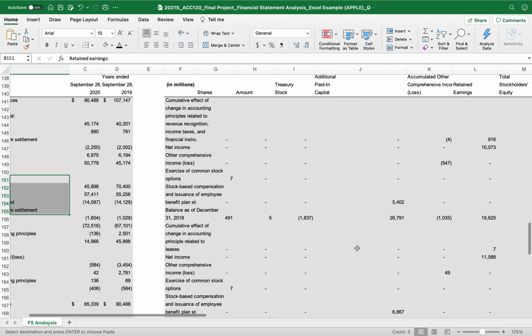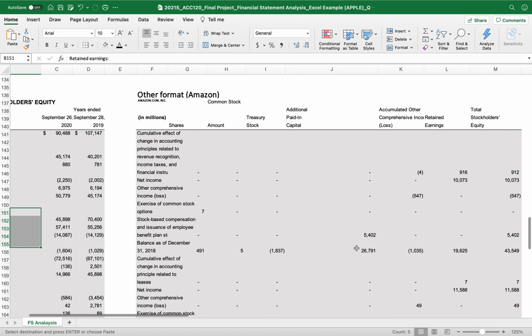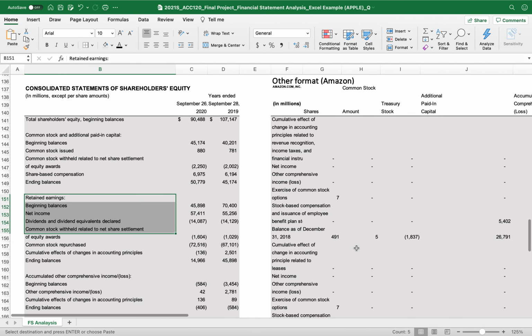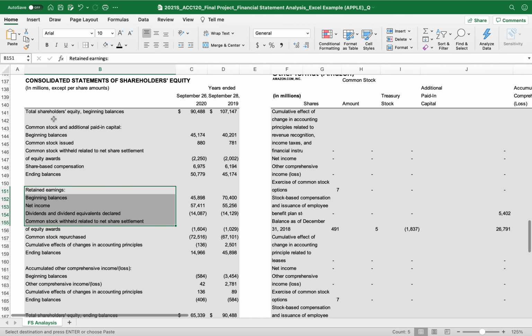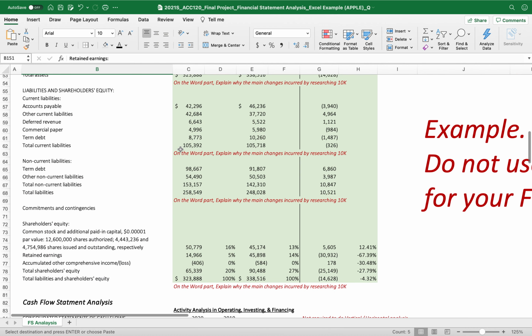Exactly the same information as this, but in a different format. Anyway, it doesn't matter which format you have. You can just copy and paste it here. You don't have to analyze it in Excel. You don't have to develop this financial statement in Excel, but you need to interpret it in the Word file.